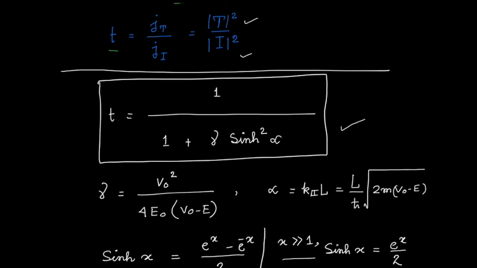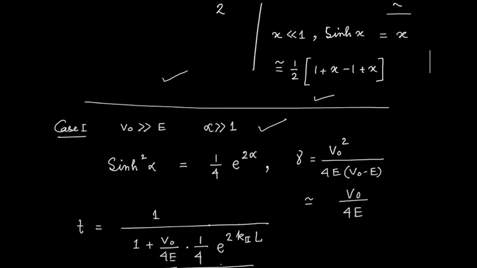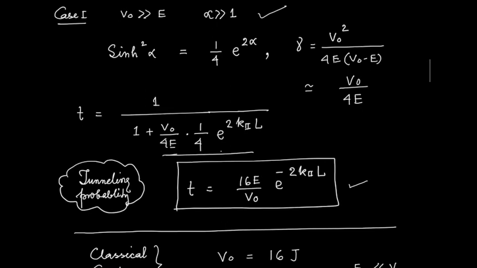One thing is obvious, that alpha affects the tunneling probability, and alpha is proportional to L. What else affects the tunneling probability? You will see the other important thing that affects it is V0.